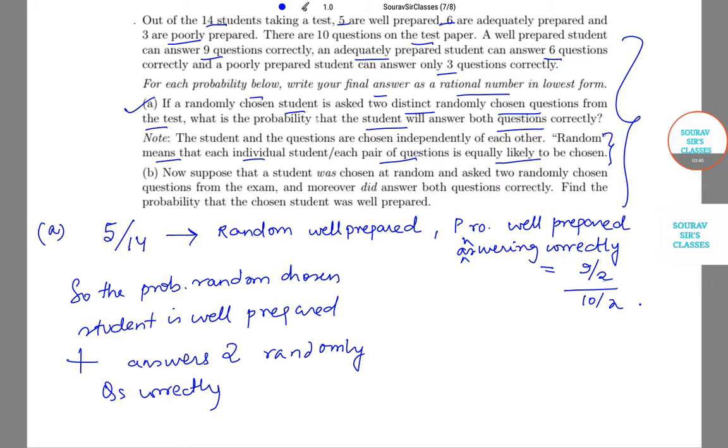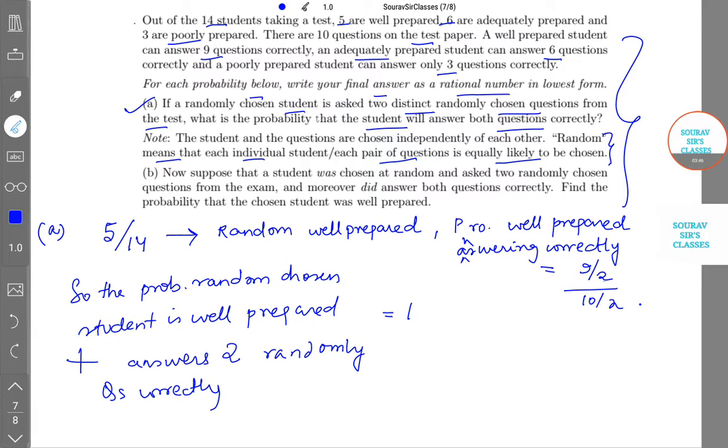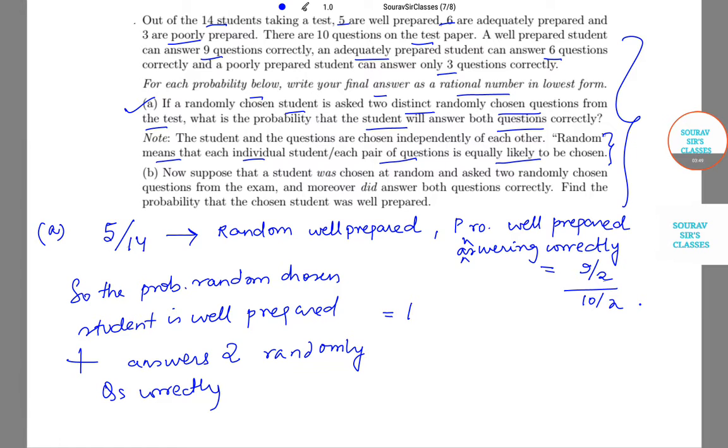So this can be written as 5 by 14, which is picking randomly a student who is well prepared, into 9C2 by 10C2. This will give you an answer 2 by 7.